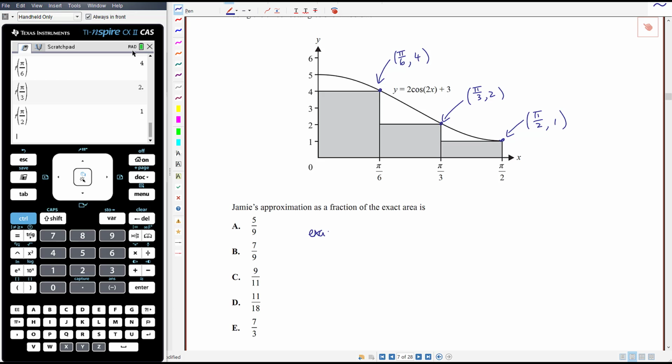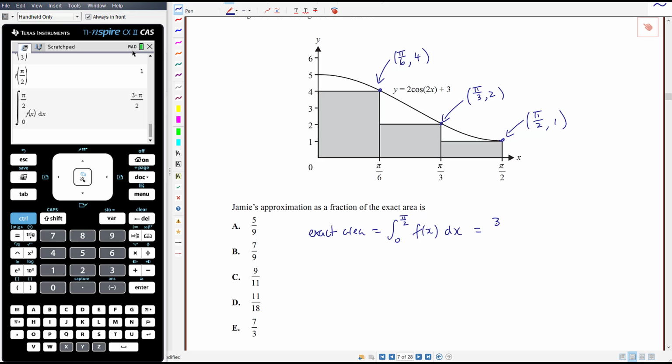So we want Jamie's approximation as a fraction of the exact area. Okay, so we need the exact area, which is going to be the integral from 0 to pi on 2 of the function. So actually, not a bad thing that I defined it. Shift plus integral from 0 to pi on 2 of f of x with respect to x.